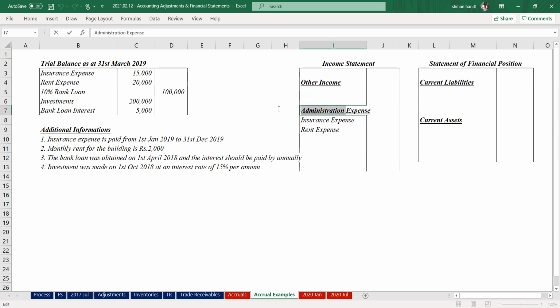We take the operational expenses and bank loan interest. What are the current liabilities and current assets? And also the other income, we have investment income.